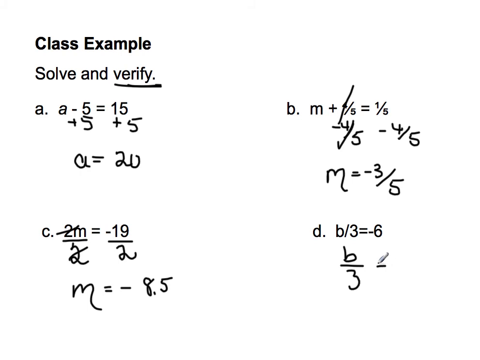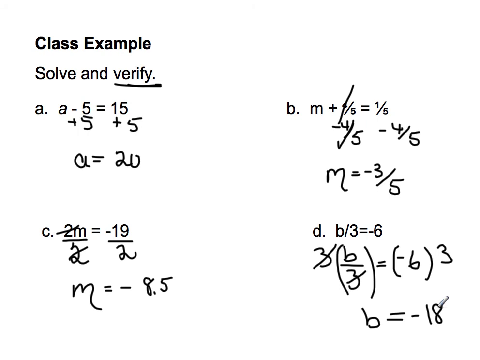Sorry, b divided by 3 is equal to negative 6. The opposite operation from divide is times, and I'm going to write my multiplication like that, not with a multiplication sign, because that may be confused with the variable x. The divide and the multiply cancel each other out, and I get negative 18.